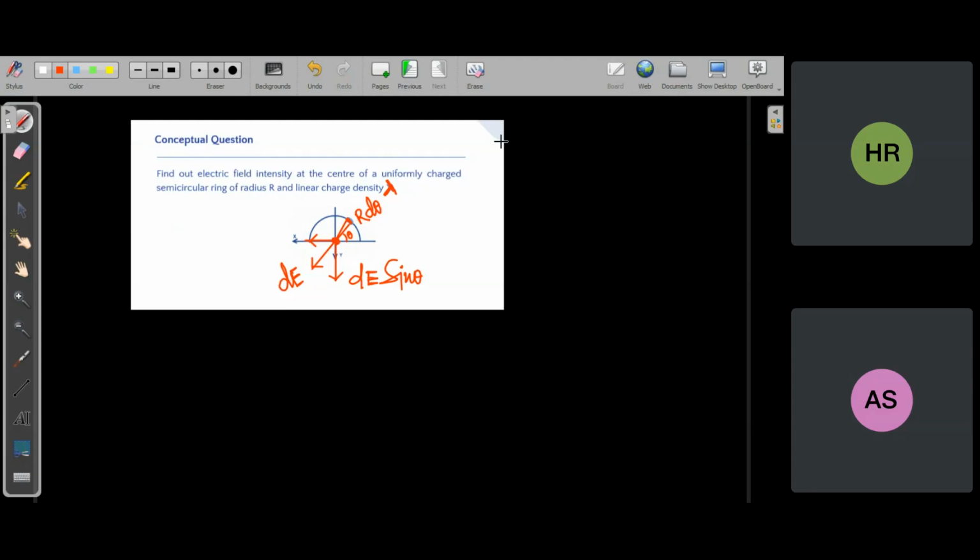Write the expression of dE and then do it. If you have any doubt, you can ask. If you can do it, then we'll go to the next. You can just tell me the process and we can go to the next.